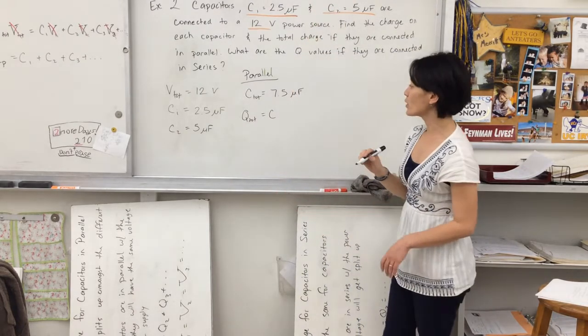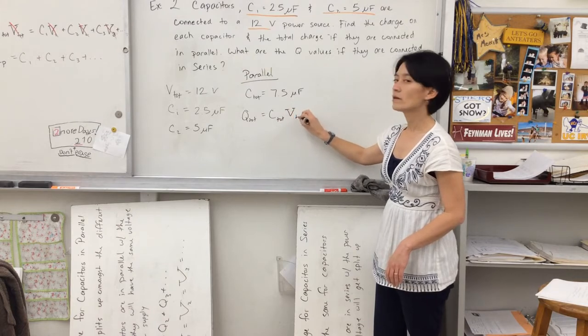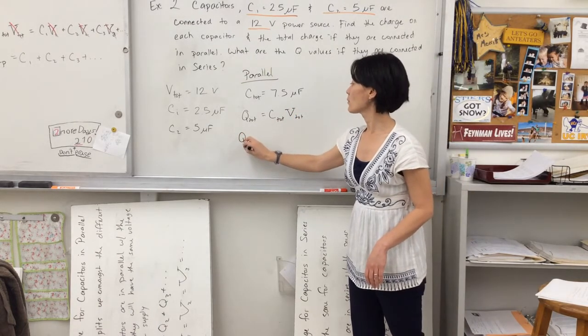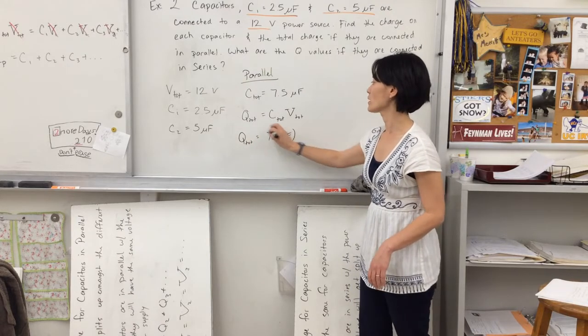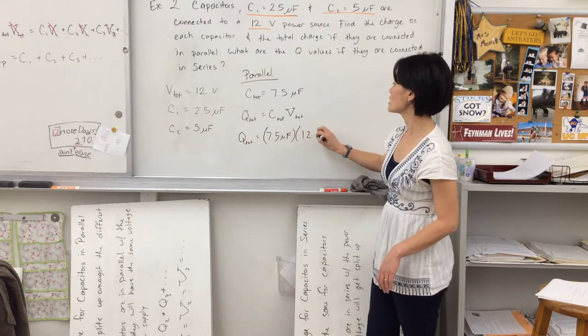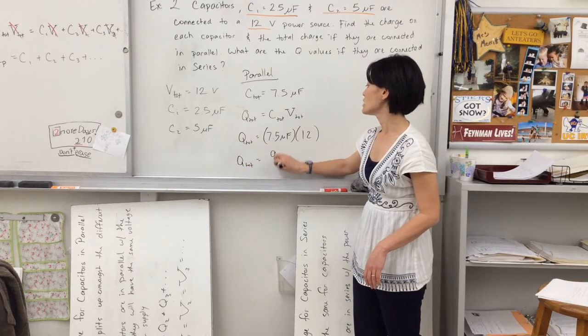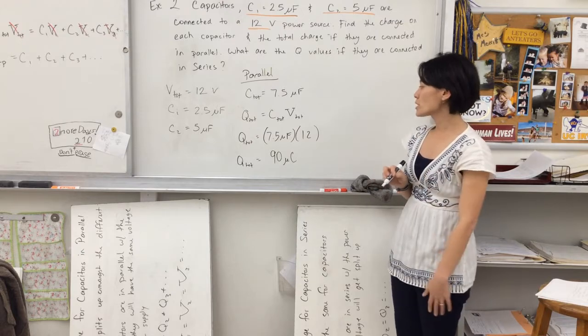So Q total is equal to C total times V total, and that would be 7.5. I'm going to leave it in microfarads because it would just mean that my coulombs come out to be microcoulombs. So my total charge is 90 microcoulombs.